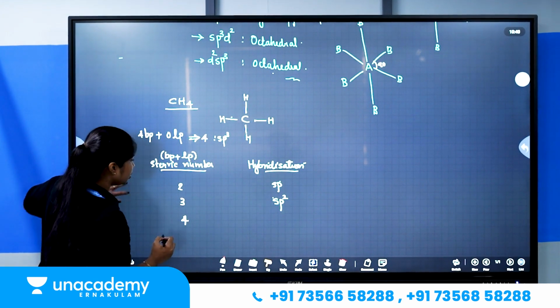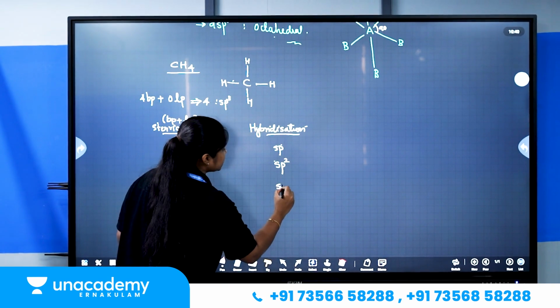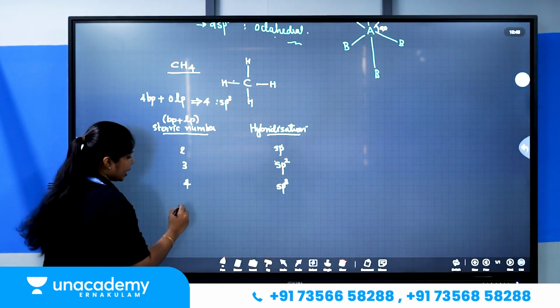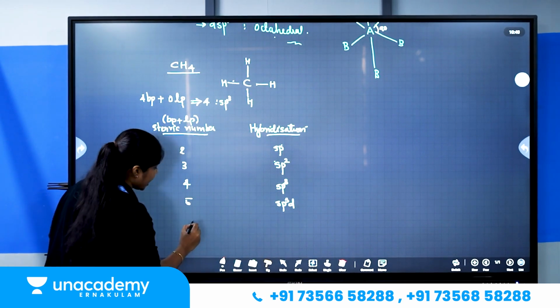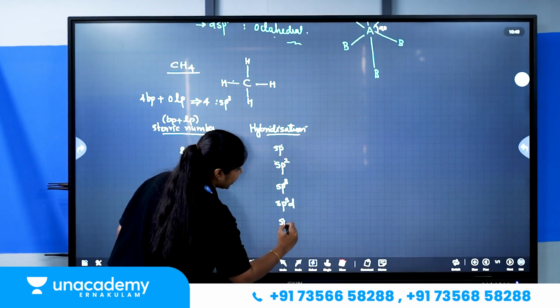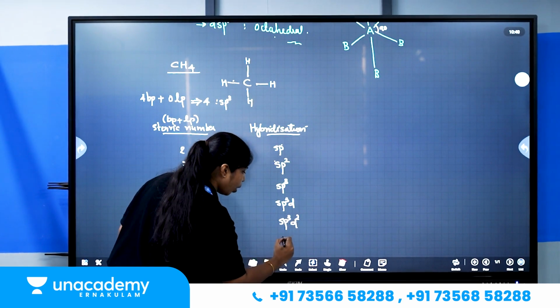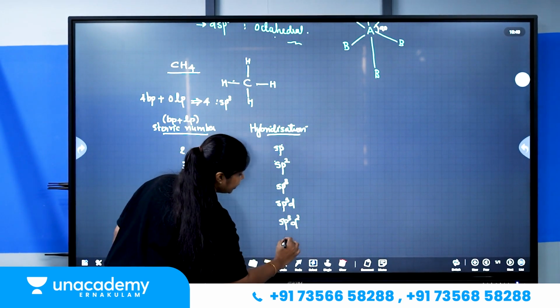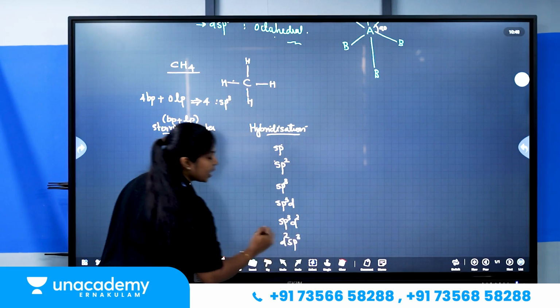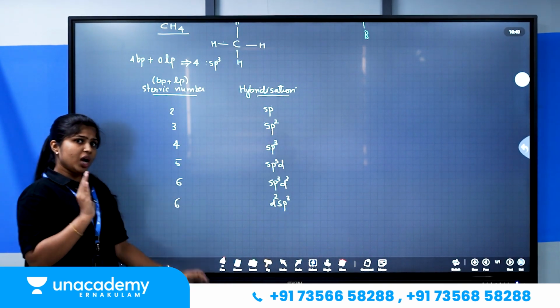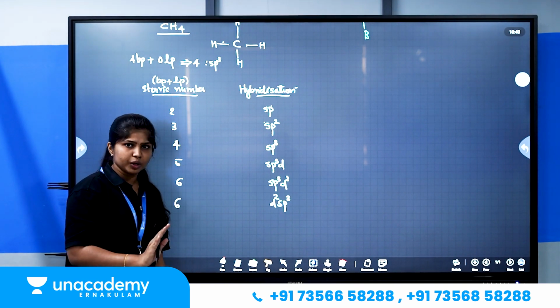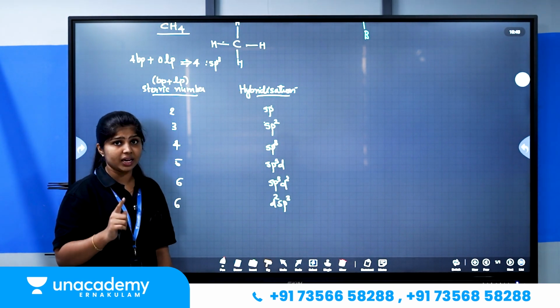If it is 4, sp3, and 5, then sp3d, and 6, then sp3d2, or it can be d2sp3 as well, right? Now, you have to find out the steric number only for your NEET JEE exams.